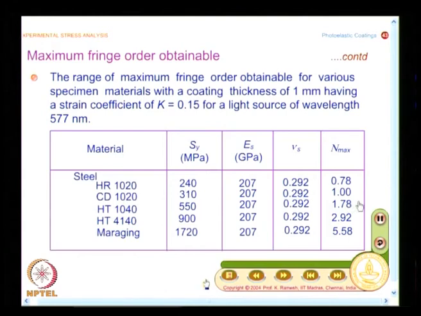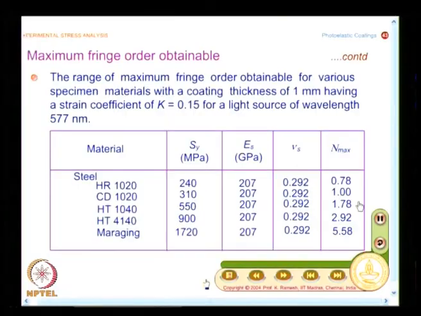So, the message here is, when you go for photoelastic coating analysis, the specimen material indirectly influences what is the maximum fringe order that I can anticipate to observe in a test. And this also gives a knowledge that usually the fringe orders what you can perceive are smaller, and that is the reason why you want to go for white light for illumination.